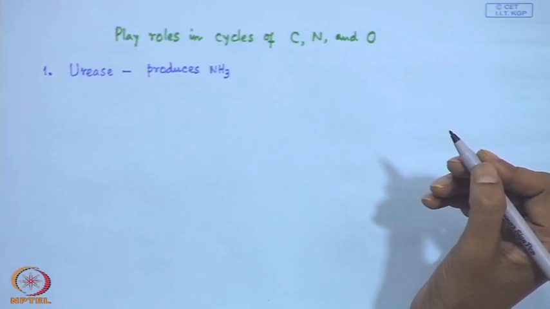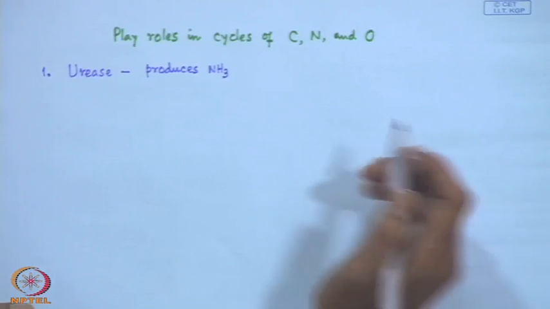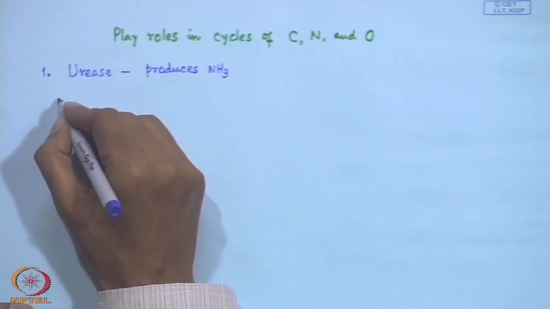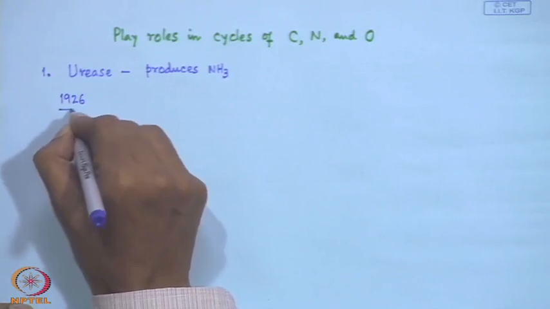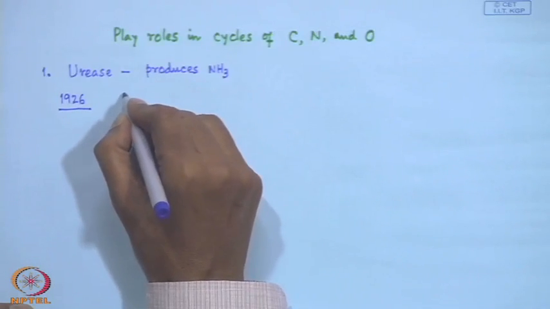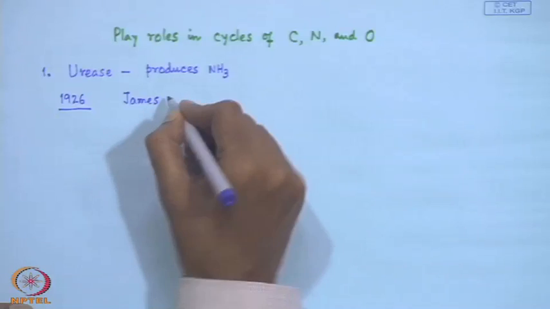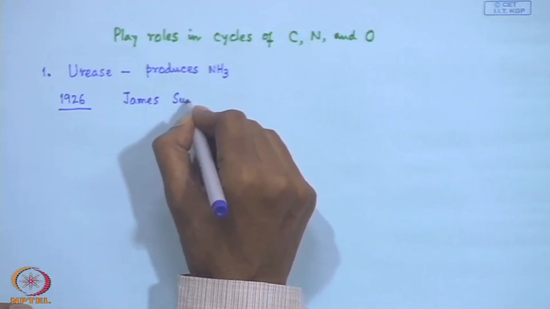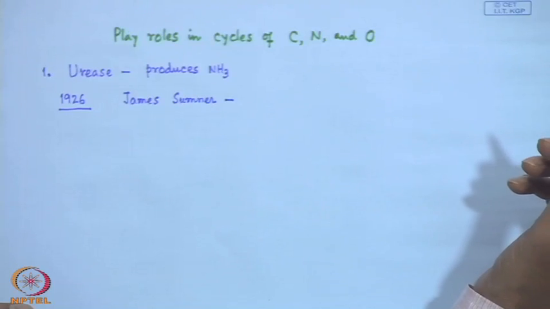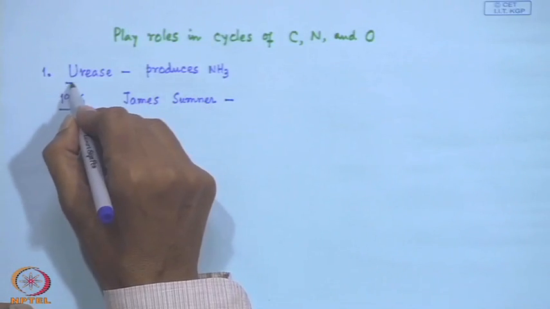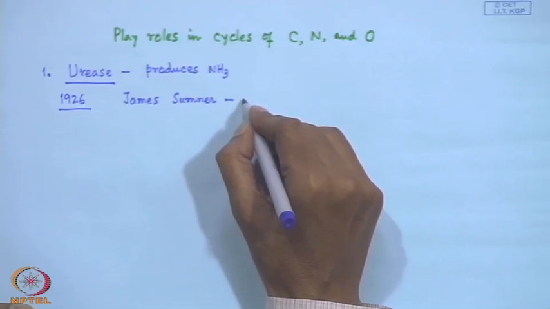So, it is a hydrolase type of enzyme, and it was the first enzyme identified, long back in around 1926. One person, James Sumner, initially was working with urease, and he could crystallize it.